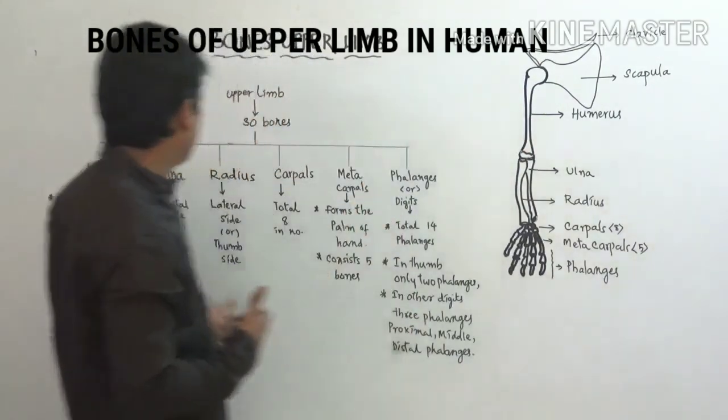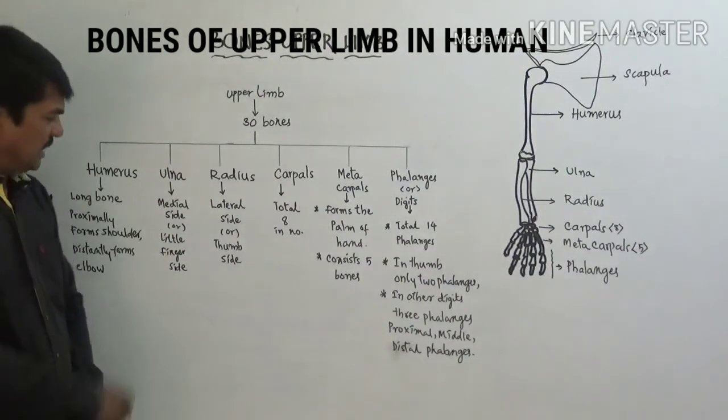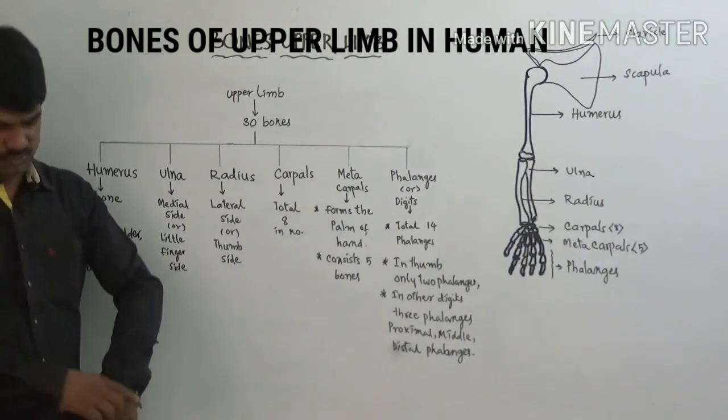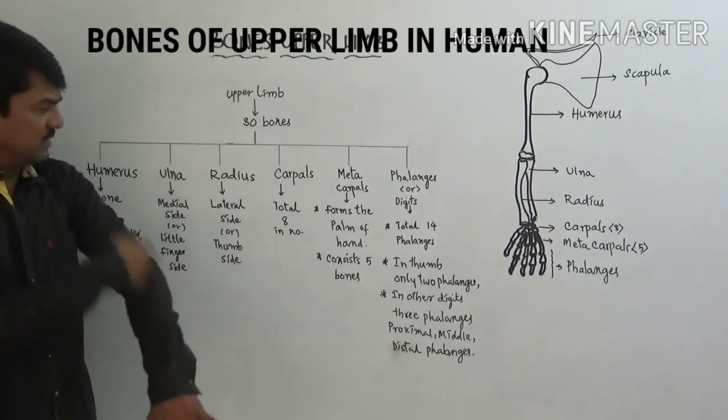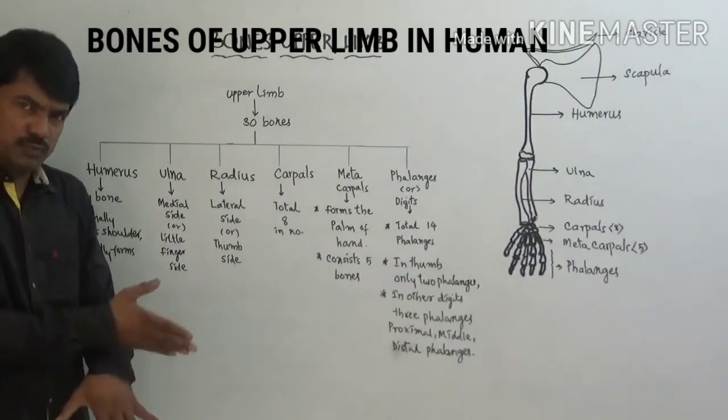And next, the ulna. Ulna is on the medial side, located towards the little finger side. This is the little finger side, and towards it the bone present is called the ulna. And the radius is located towards the thumb side. Towards this thumb the radius bone is located, whereas the ulna is located towards the little finger.